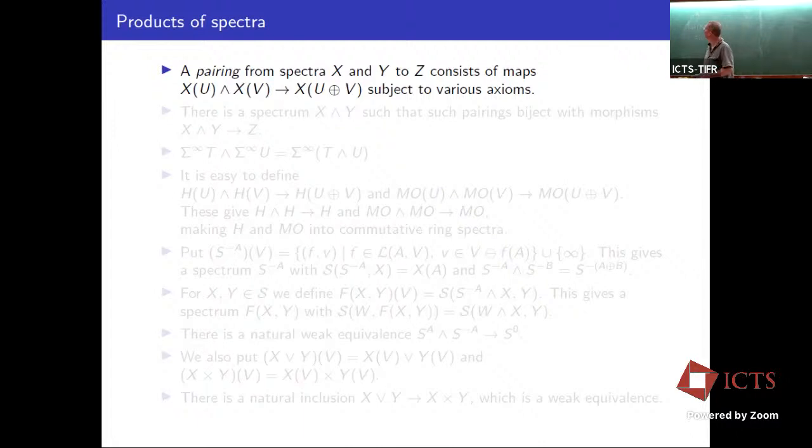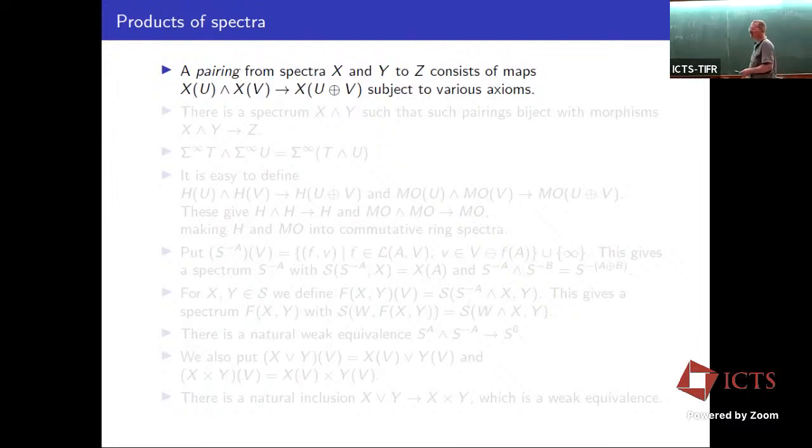And the smash product of spectra is kind of like a tensor product, and it represents the analog of bilinear maps in the appropriate way. So we have to say what we mean by a bilinear map. Unfortunately, there's a typo here, but a pairing from X and Y to Z consists of maps from X(U) smash Y(V) to Z(U plus V).